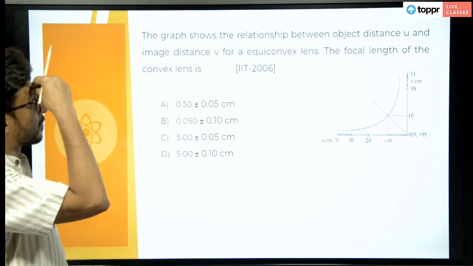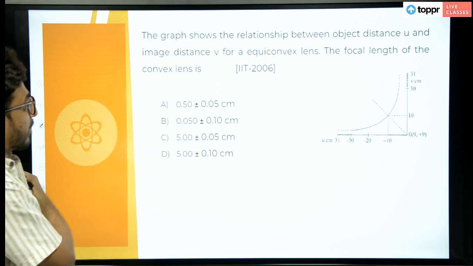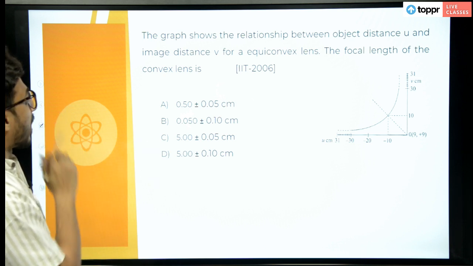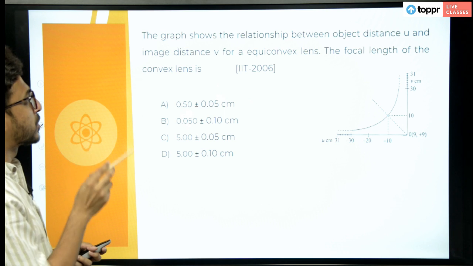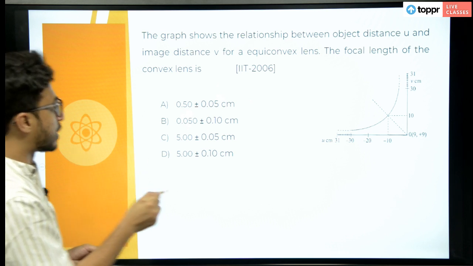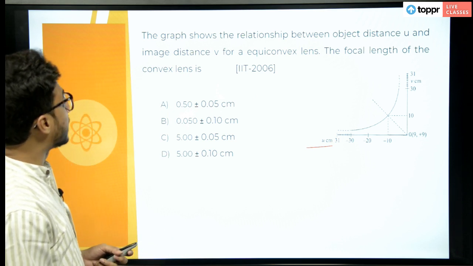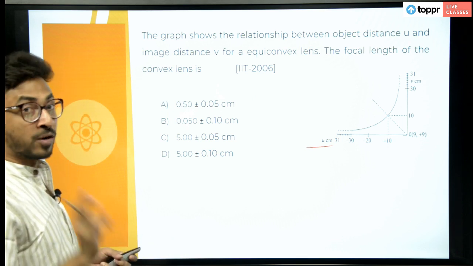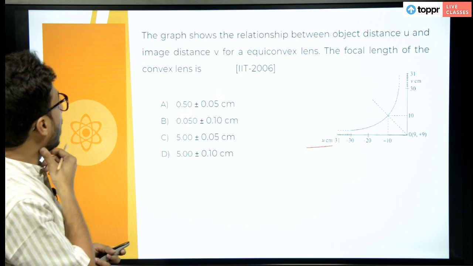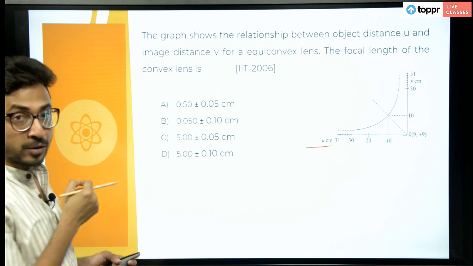This is a very interesting problem. We have to study the graph. The graph shows the relationship between the object distance u and the image distance v for an equiconvex lens. The focal length of the convex lens we have to find out.